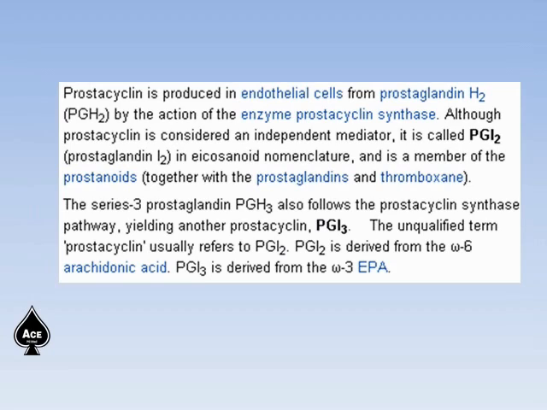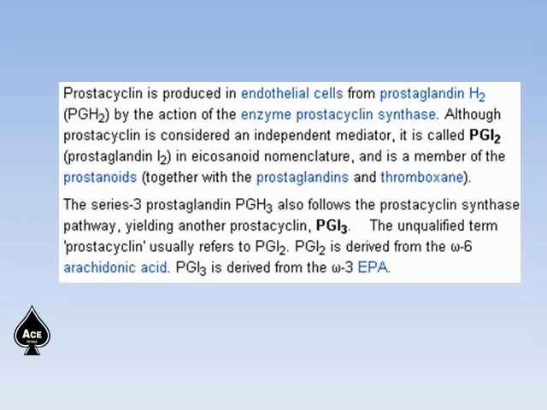Prostacyclin is produced in endothelial cells from prostaglandin H2, or PGH2, by the action of the enzyme prostacyclin synthase. Although prostacyclin is considered an independent mediator, it is called PGI2 or prostaglandin I2 in eicosanoid nomenclature and is a member of the prostanoids together with prostaglandins and thromboxane.